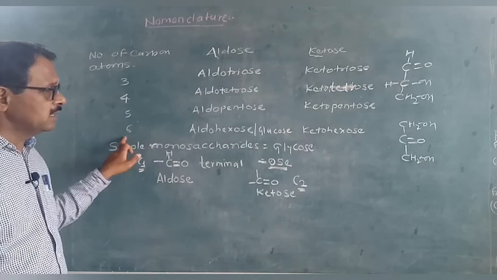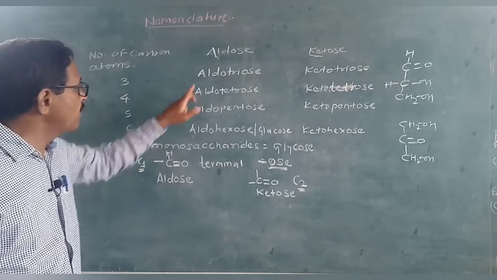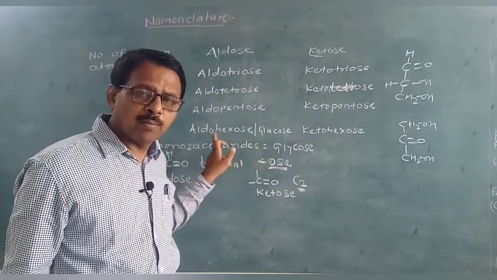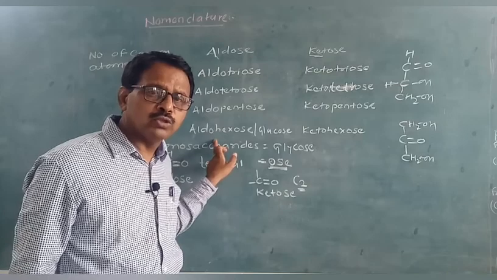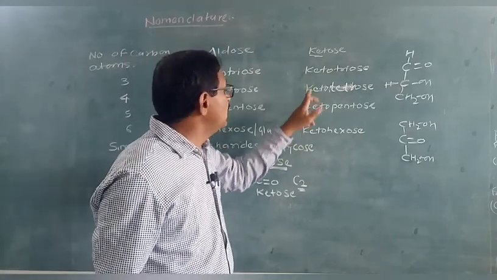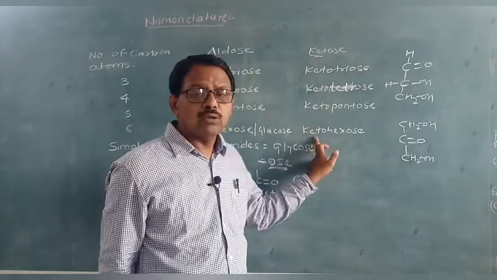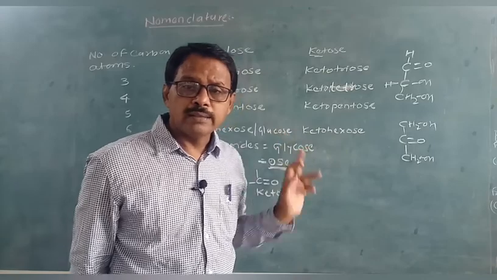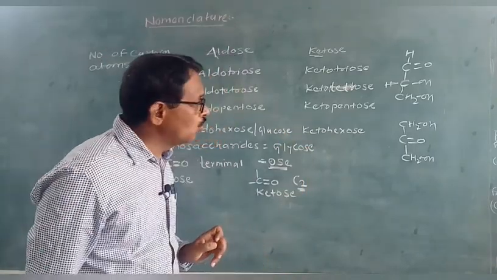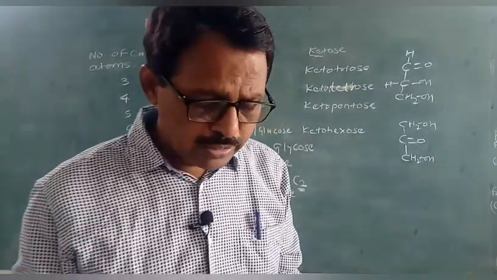If there are 6 carbon atoms and an aldehyde group, that is known as aldohexose. Glucose is an example of aldohexose. And if there are 6 carbon atoms and a keto group, that is known as ketohexose sugar, and fructose is an example of ketohexose sugar.